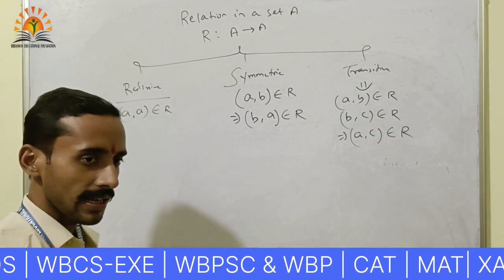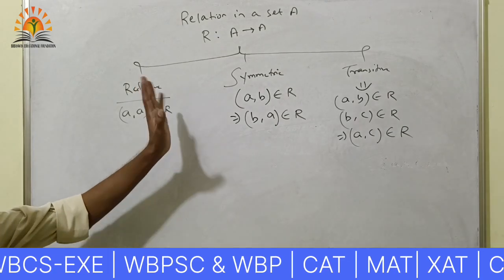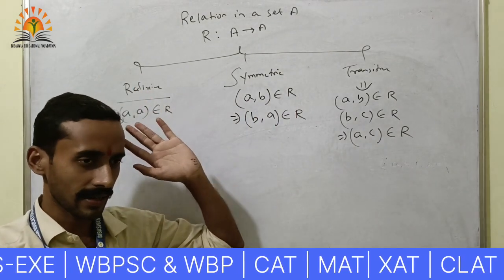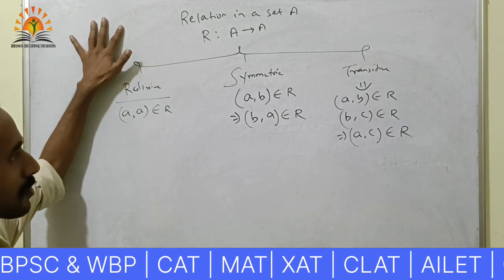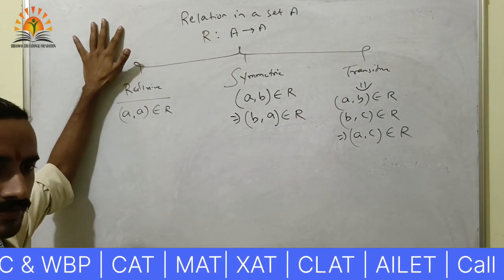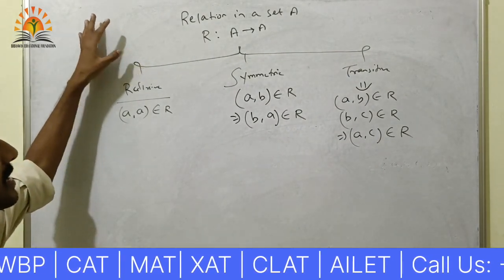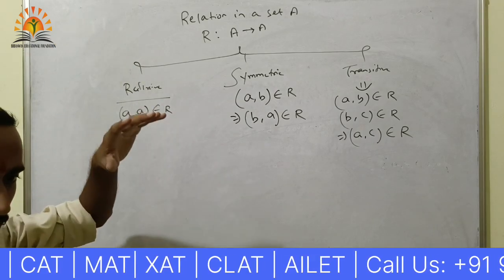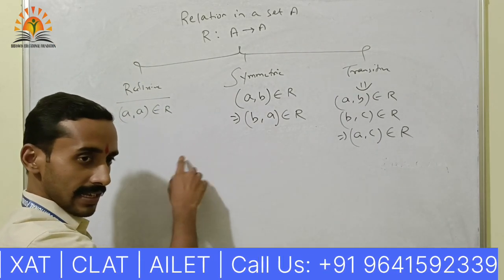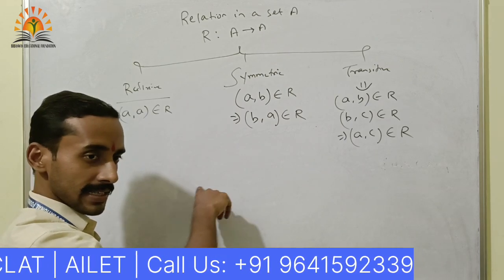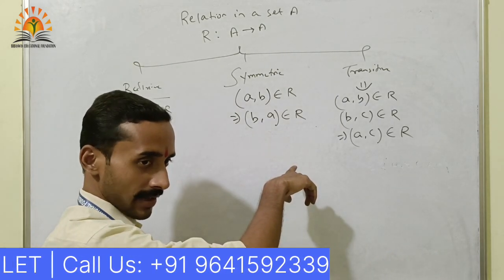Clear? In earlier competitive examinations, there was no question about reflexive, symmetric and transitive, because it was all about proof. But nowadays the question is given that you have to find whether this is reflexive or not, symmetric, or transitive.